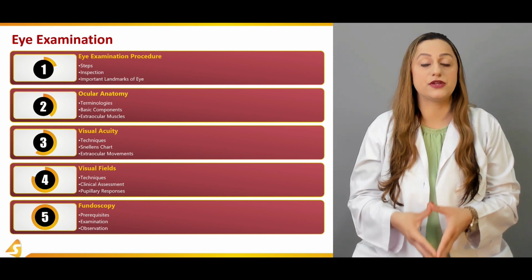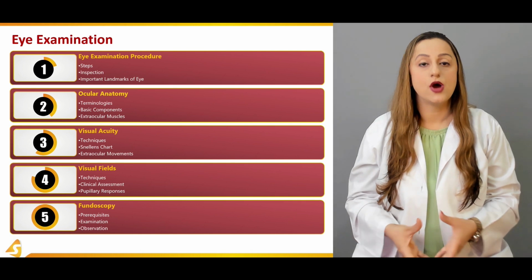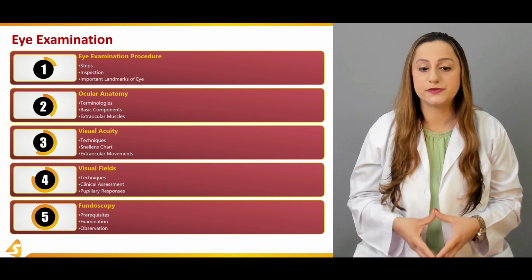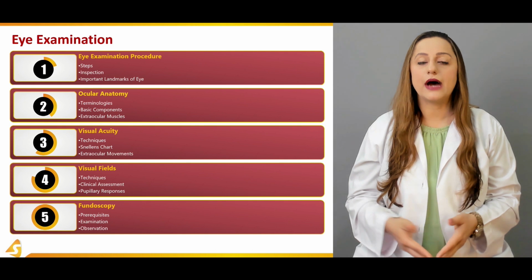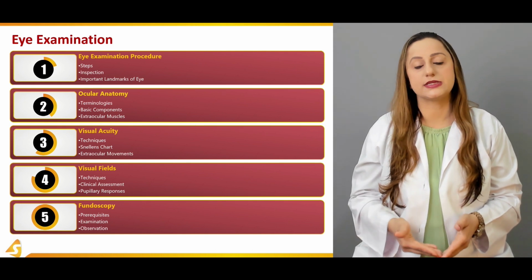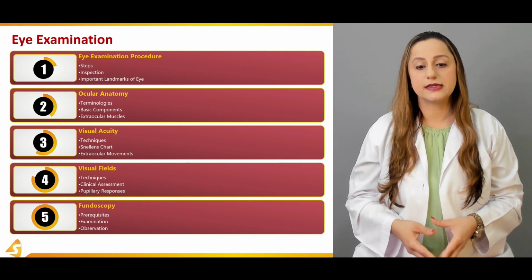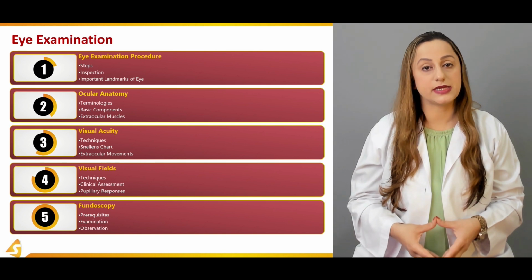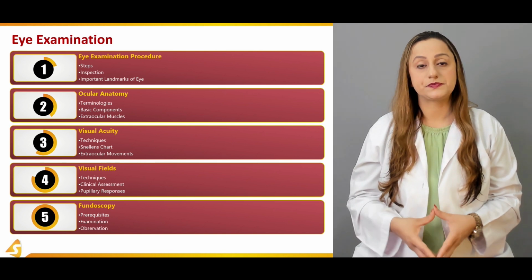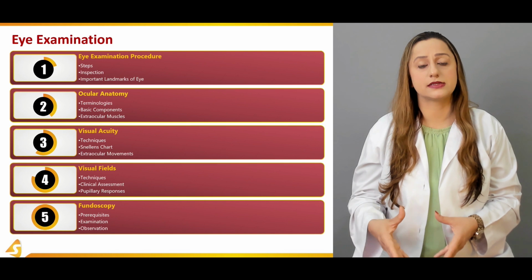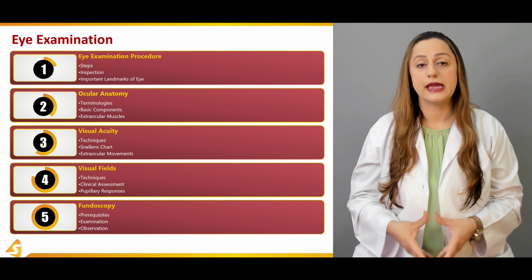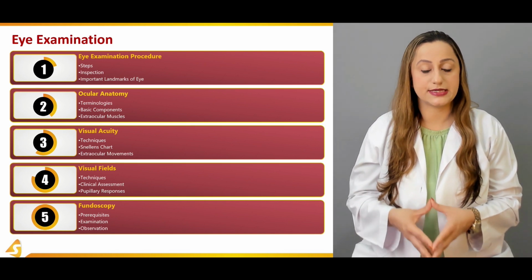It can be a peripheral visual field problem or a central visual field problem. We'll be discussing that here. How you assess these patients is again very important, and the pupillary responses are sometimes responsible for a particular kind of visual field damage, and we'll be discussing that as well.